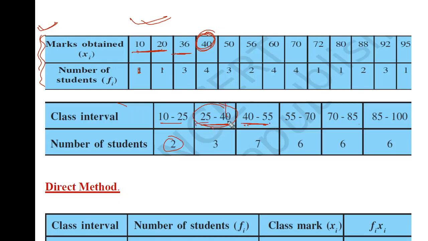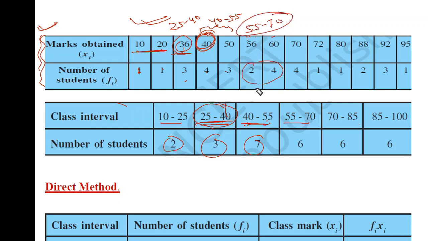So 25 to 40 has 3, you can write 3 here. Then 40 to 55 is this, 4 plus 3 is 7. Then the 55 to 70 class will consist of these two, 2 plus 4, that is 6.